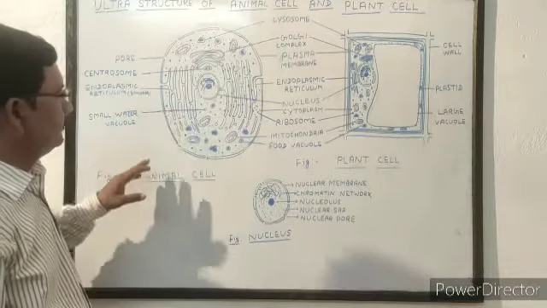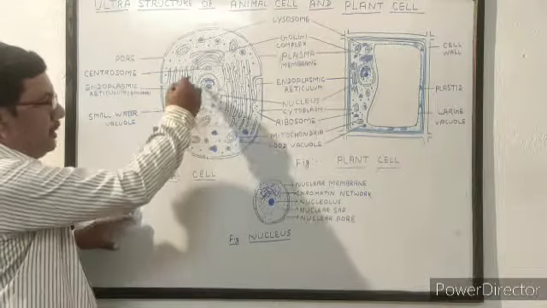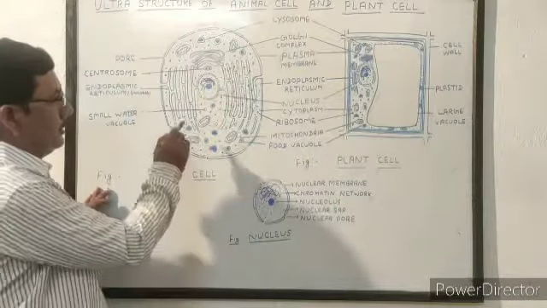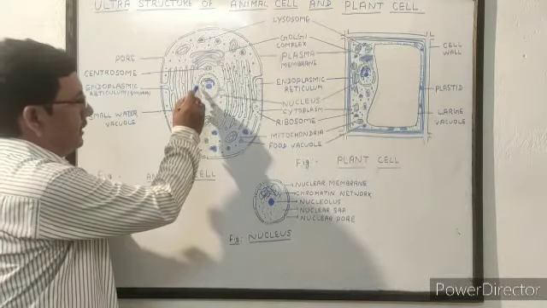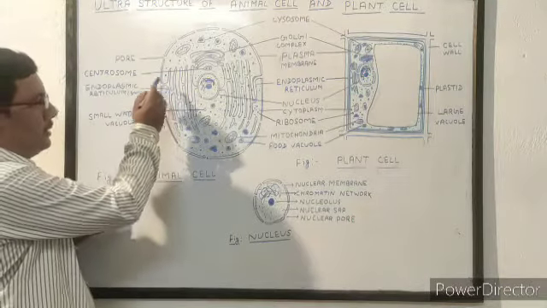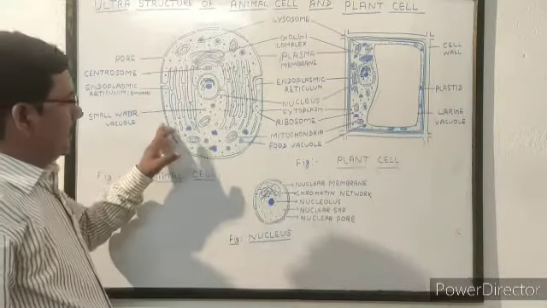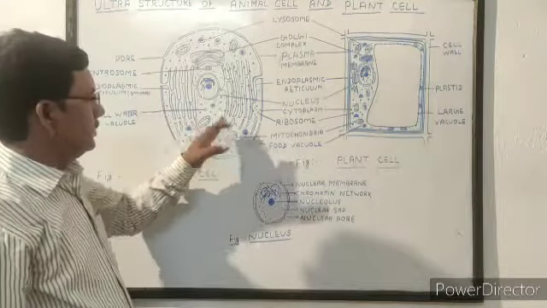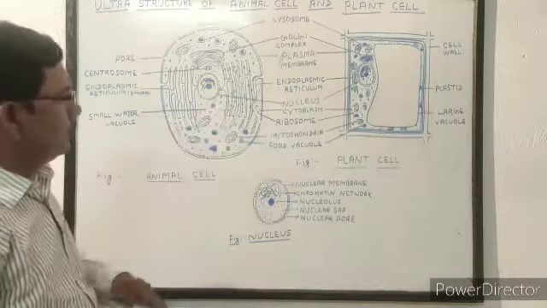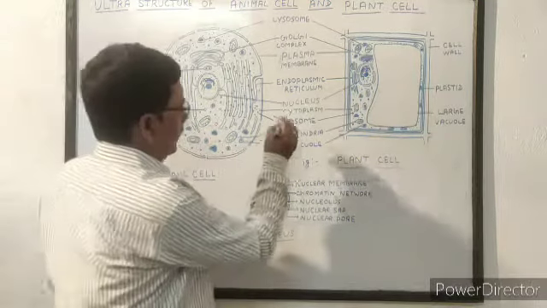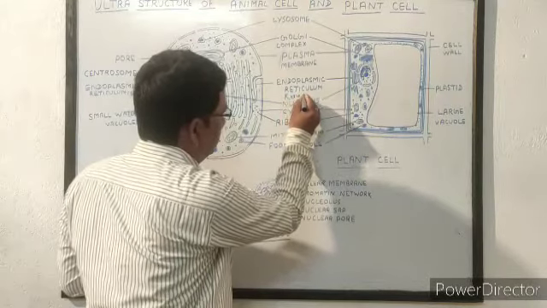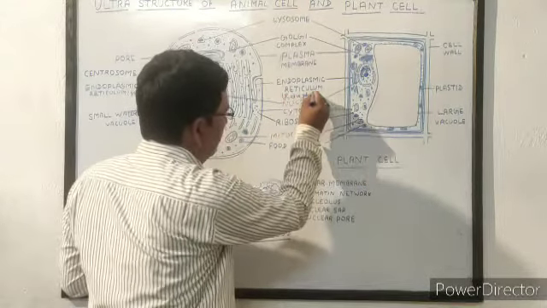Endoplasmic reticulum, it is in the form of various interconnected tubules. One end of the endoplasmic reticulum is connected with nuclear membrane and another end is connected with cell membrane. There are two types of endoplasmic reticulum, a rough endoplasmic reticulum and a smooth endoplasmic reticulum. Here is a rough endoplasmic reticulum.